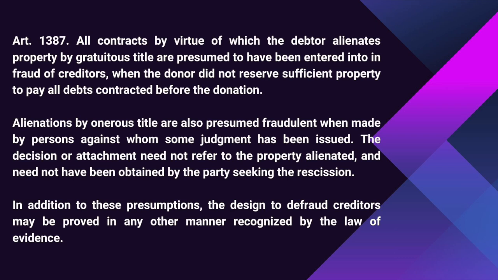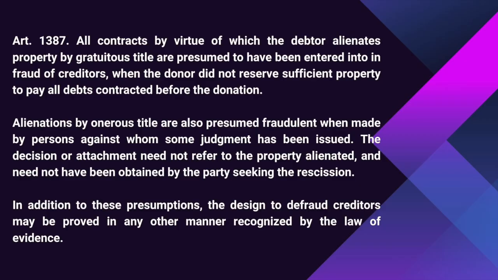Now, 1387 talks about presumptions of fraud. So, the 1387 talks about when you presume that there is fraud that is committed, if it is an onerous contract or if it is a gratuitous contract.